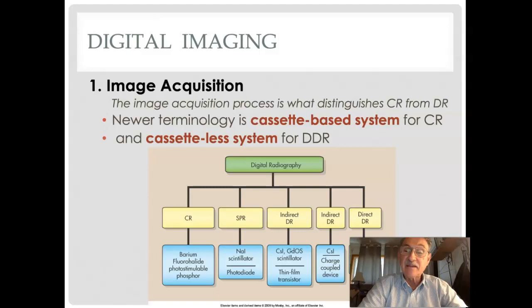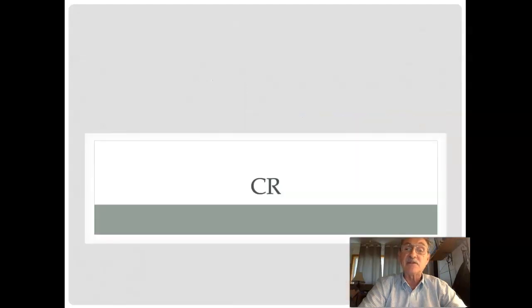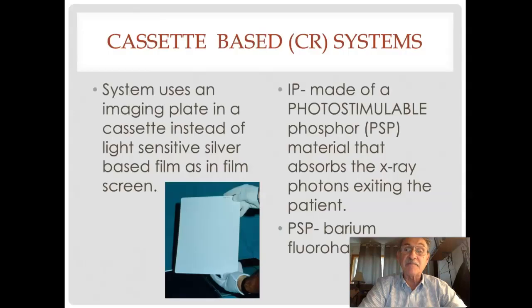And then the other one for indirect is cesium iodide, which is not coupled to a thin film transistor, but it's coupled to a charge coupled device. And then finally, there is amorphous selenium in the direct DR system. So let's talk about all of those in a little bit more detail, shall we? And we're going to start with computed radiography.